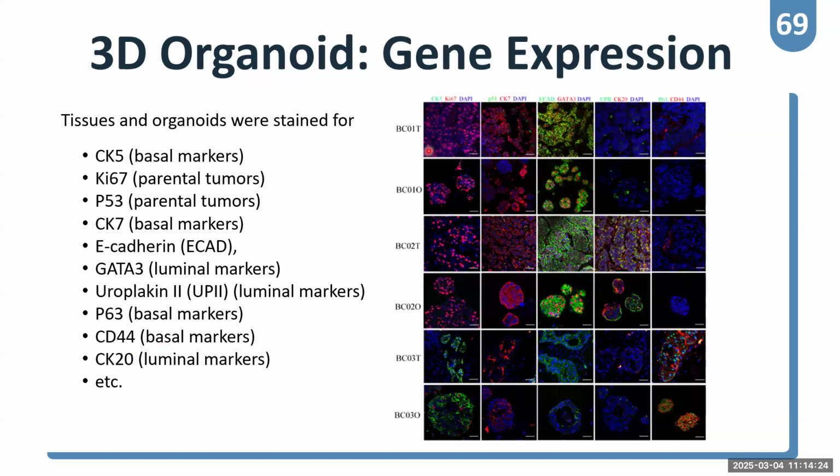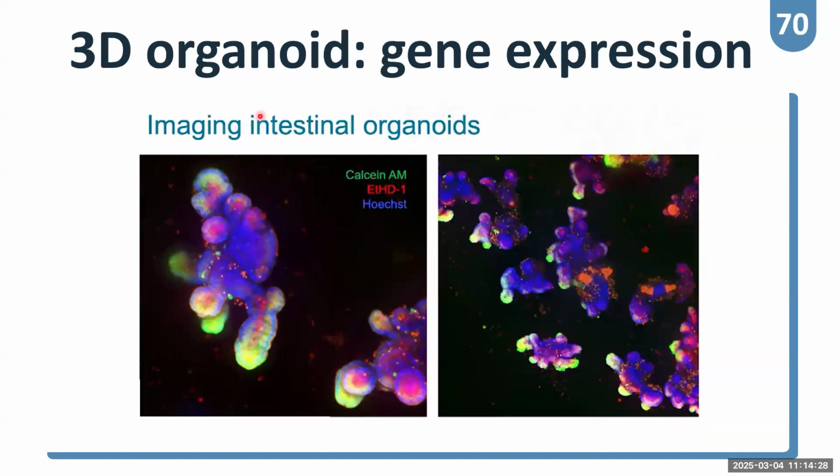You can also study these in your organoid. Even within the same organoid, they show different formation and different gene expression. You see, it expresses this marker, which means they already want to move out; they want to bud out from this organoid.